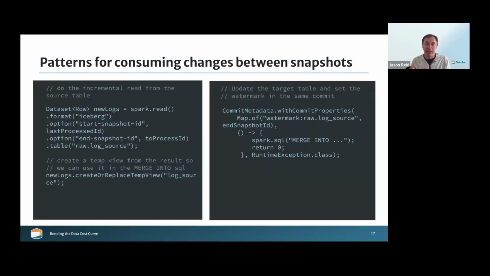And by keeping the state of that watermark in Iceberg itself, we can make it part of the commit to the table, and so there's no way for these things to get out of sync. So we're sort of guaranteed that exactly once processing semantics that we want from our incremental processing jobs. So small bits, but really powerful constructs that allow us to do a lot more incremental processing than we could previously.